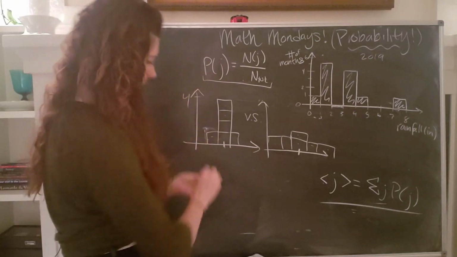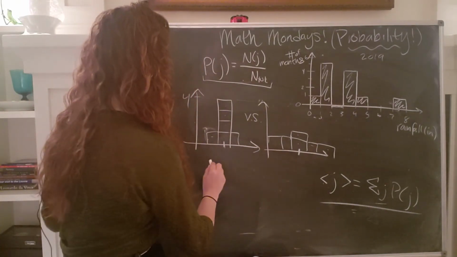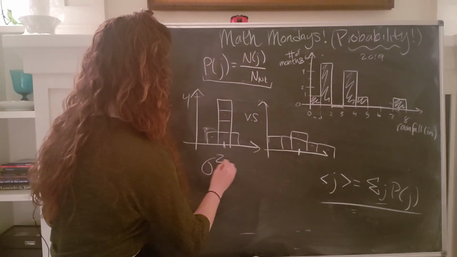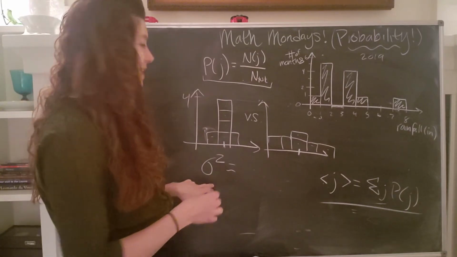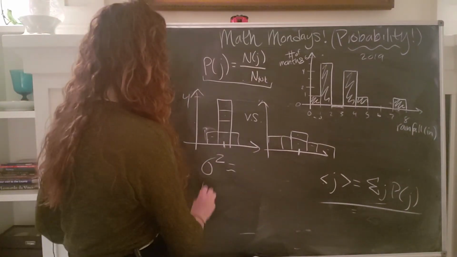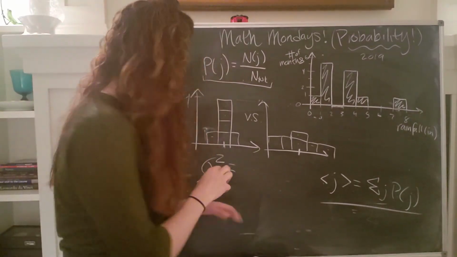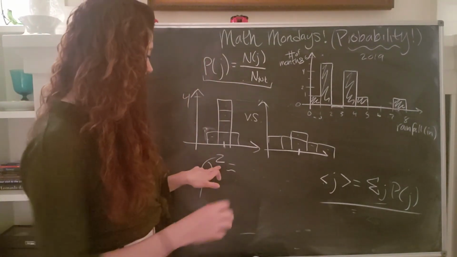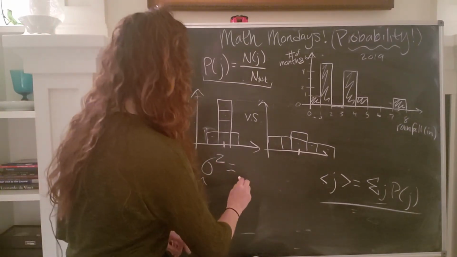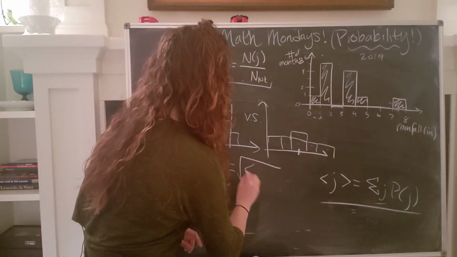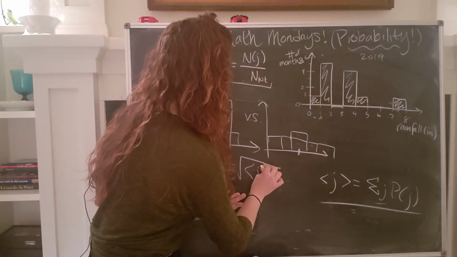So I want to save this somewhere. Well, okay, I'm just going to define it for you. So the expectation value, that's the expectation value. This is called the variance, and it's represented by the Greek letter sigma, which is kind of like a sideways 6. So the variance, which is sigma squared, is defined to be, hold on, let me make sure I get this right.